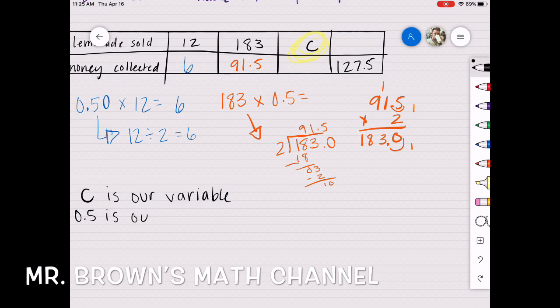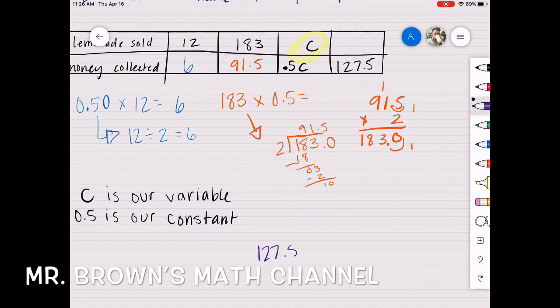Just like if she sold 4 cups of lemonade, half of 4 is 2, and that would be how much money she collected in that instance as well. Go ahead and let me know if you guys need help with that, if that's confusing. I know that I'm moving quickly here, but I made that promise to you guys that I was going to try and keep my videos around the 5-minute mark, so it wasn't tedious and strenuous.